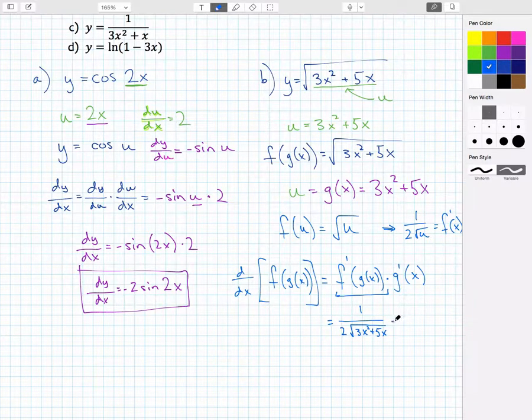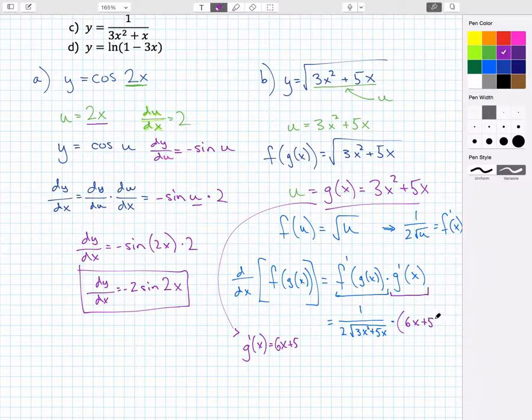And then we're going to multiply that by this part here, which we haven't taken that derivative yet, have we? So I'll do that just down here. We know that the derivative, g dash of x, it's just a polynomial function, so it's going to be 6x plus 5. So we're going to multiply by 6x plus 5.